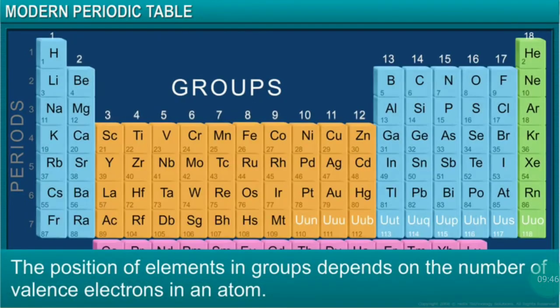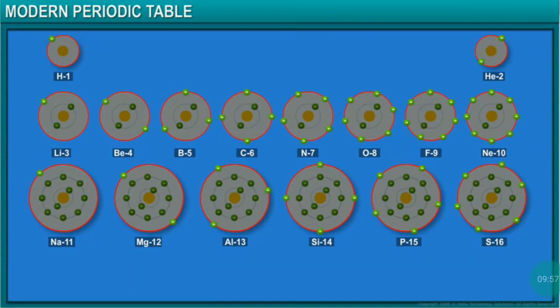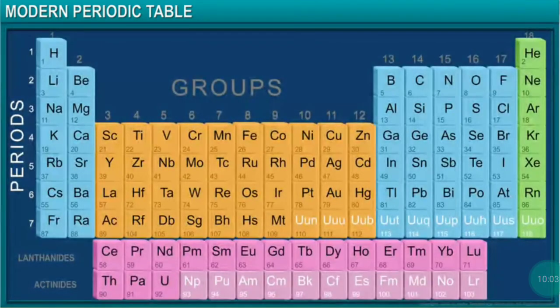The position of elements in groups depends on the number of valence electrons in an atom. The atoms of different elements with the same number of electronic shells belong to the same period.